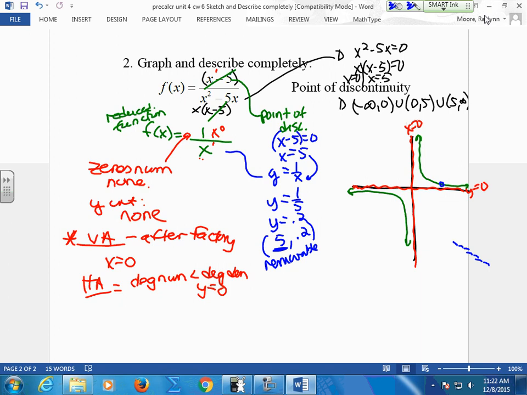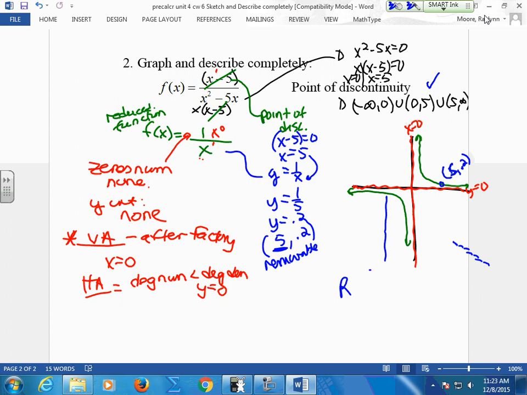Now, one thing that it does affect too is my range. It affects my domain, but we have it in there because we took care of your domain. But it also affects my range. If I remove this point at x = 5, the y value is 1/5 or 0.2. So I'm going to travel up, up, up.